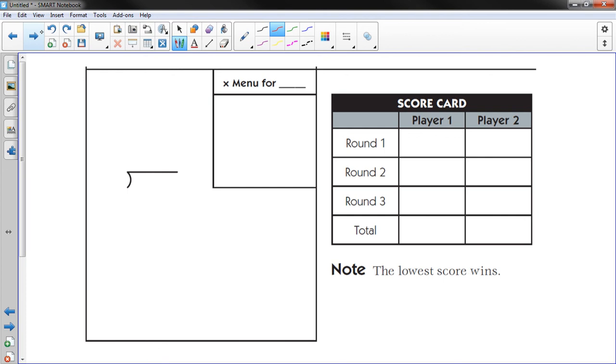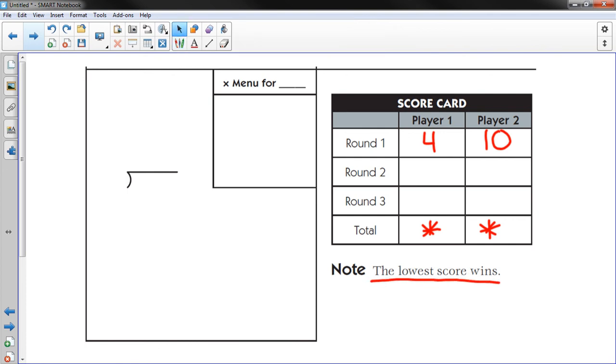So in here, 4 and 10. And then you would play 2 more rounds. And then you would put your totals right in here. And note that the lowest score wins the game.